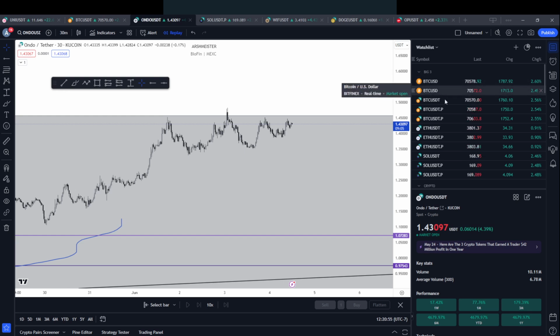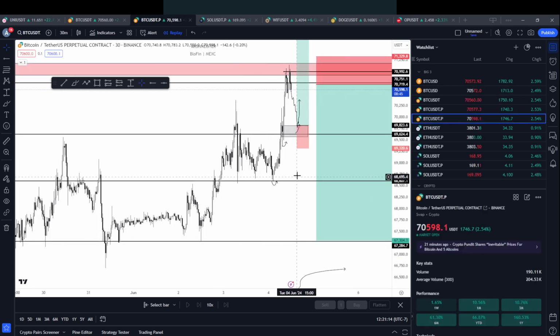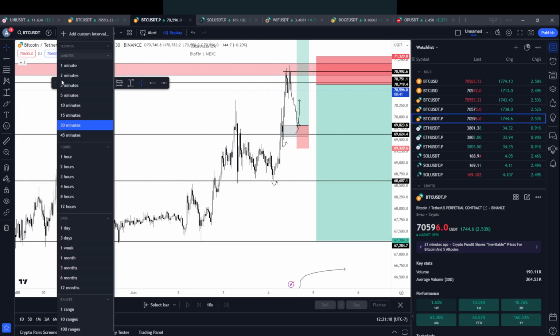When I was posting this all over my channel and on Twitter, there was a $120 discount on perps versus spot price. So that was a leading indicator, and at that price, I think Bitcoin was at 68.7, 68.8K, and then we dipped down to 66.7K or whatever it was. Oh, this is a 30-minute chart.